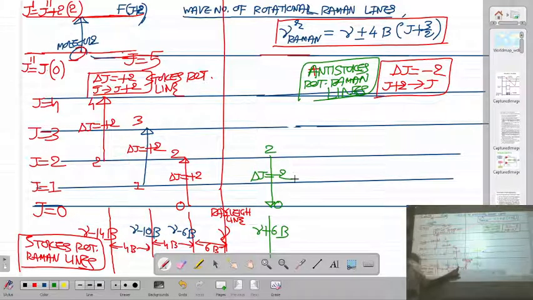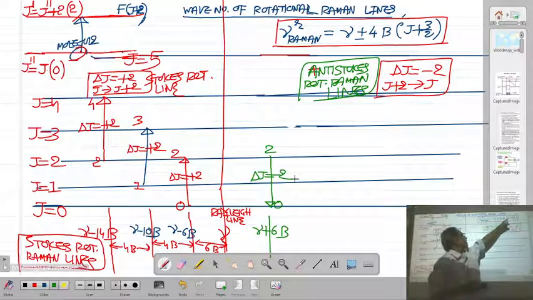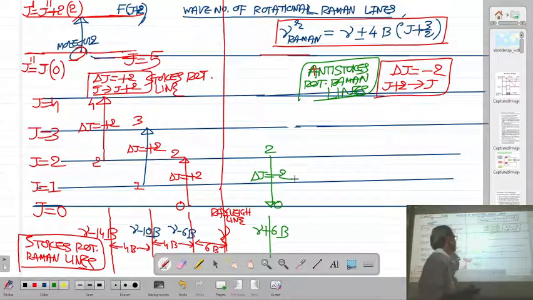Its wave number is nu minus 6b. And when the molecule makes a transition from upper rotational level 2 to lower level 0, so that delta J is minus 2, you get the first anti-Stokes rotational line. Its wave number is nu plus 6b.